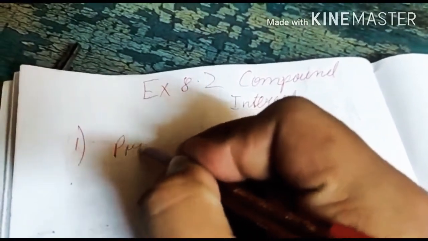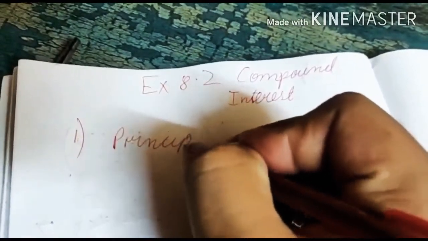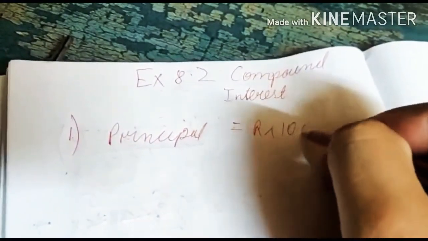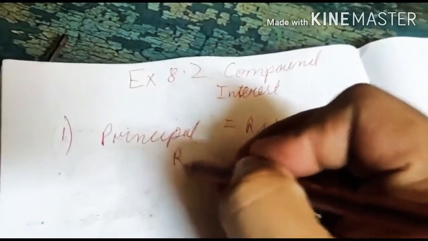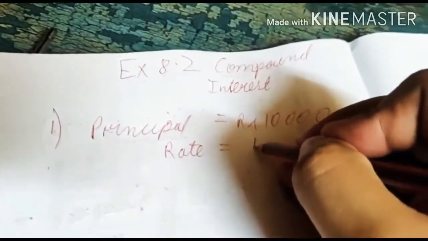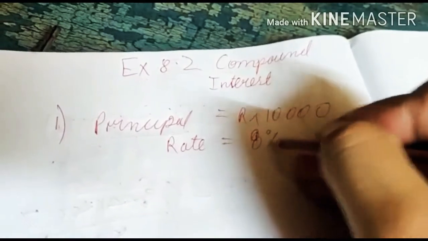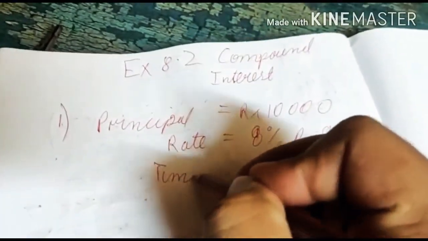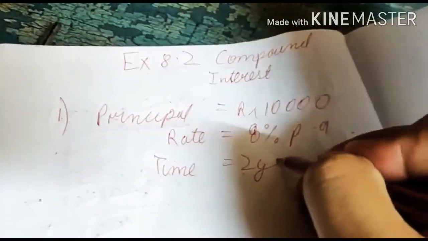Like we got a question, say principal is rupees 10,000, rate is 8% per annum, and time is 2 years.